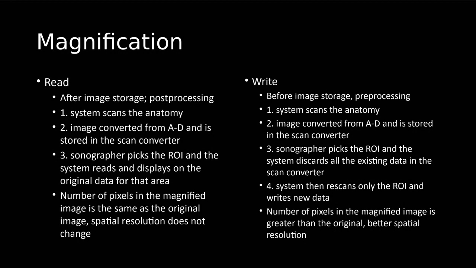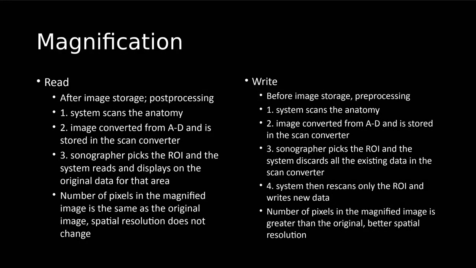When you are doing the pre-processing magnification, you're still live scanning, the system is going to go through a very particular process. So you're going to be scanning that anatomy. Your image is going to be converted from analog to digital and is going to be stored in the scan converter. The sonographer, you, is going to pick up the region of interest that you want to look at, and the system is going to discard all of the existing data in that scan converter.